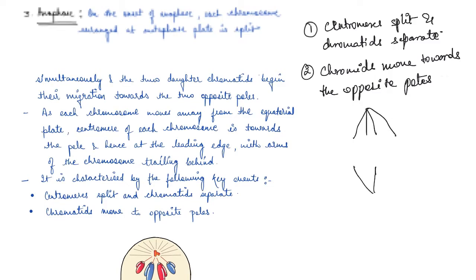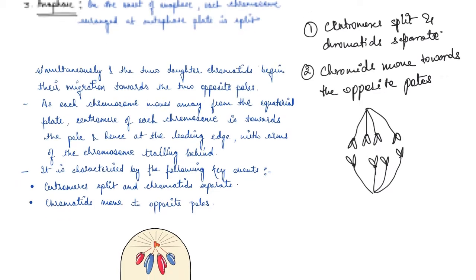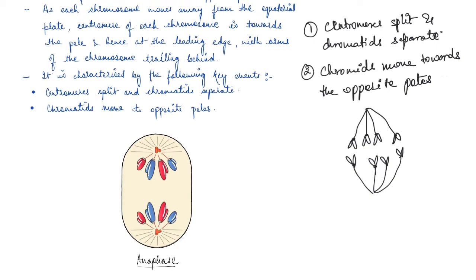Say these are the spindle fibers. Here will be the centromere, and the arms will be trailing behind, something like that, right? Same here. Even if you see the diagram here, they are moving towards the pole, and they are attached to the spindle fiber through the kinetochores which is present on the centromere.